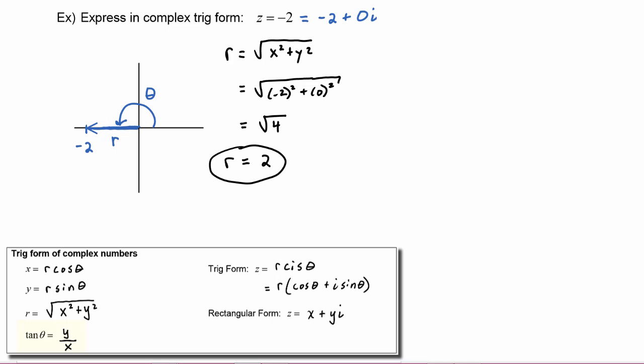Using the definitions, tangent of theta is equal to y over x. We know our y value is 0. X is -2. 0 divided by -2 is 0. And since theta has to be on the negative x-axis, we know that theta is equal to pi if we're in the radian measurement system, or if we're in degrees, then theta will equal 180 degrees.